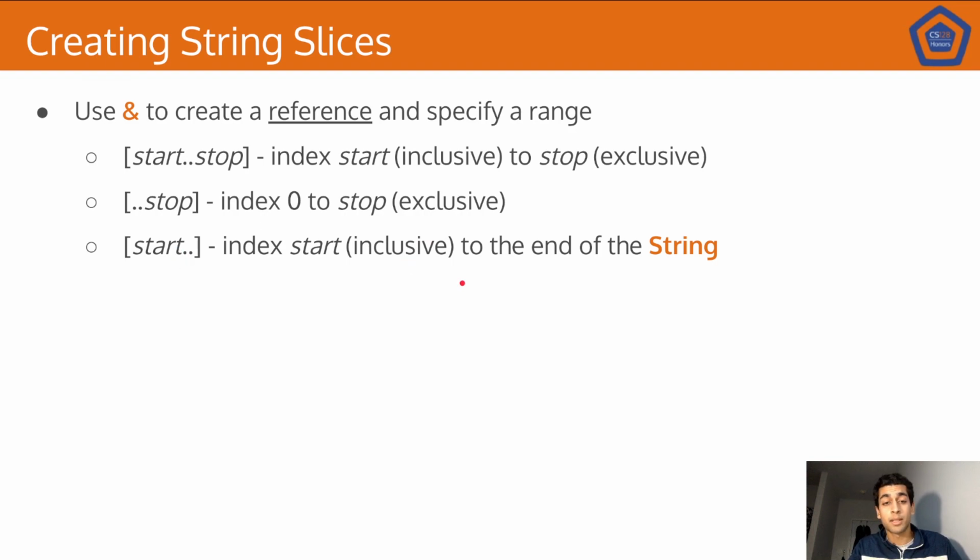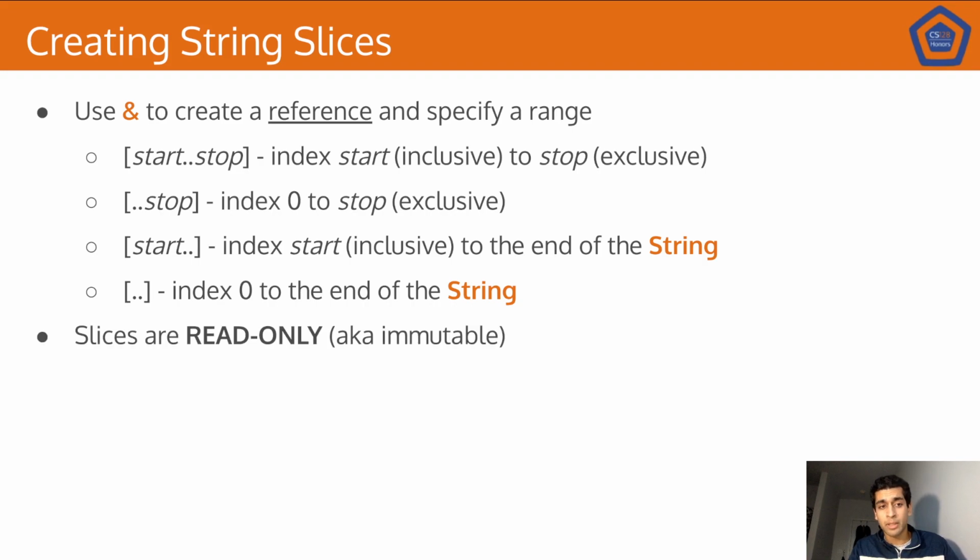Finally, if you want to make a slice of the entire string, effectively a borrow, you can just put brackets with dot dot. This is the same as just borrowing the string with ampersand. Because we're using the ampersand operator, slices are read-only, they're immutable. You cannot change the characters that you have access to with a slice.